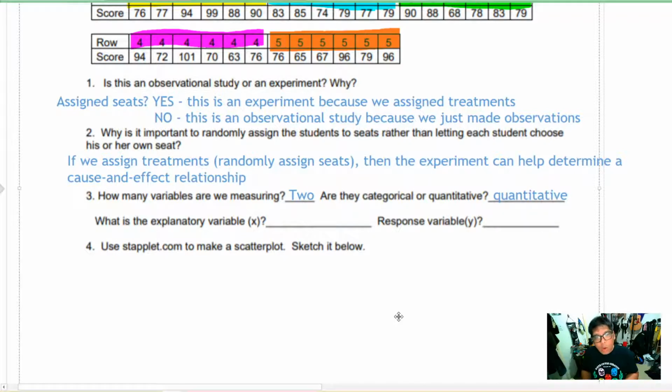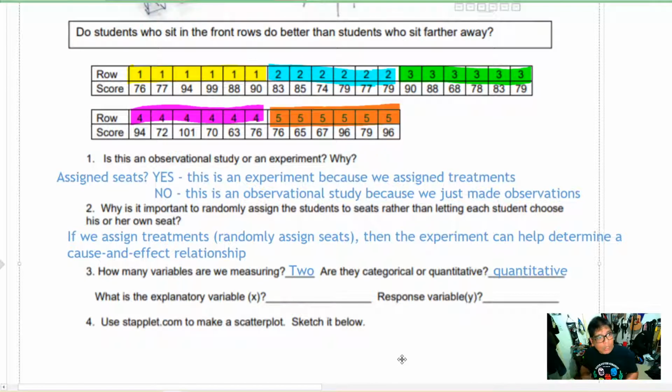They are both quantitative variables because, well, just take a look. The row is a number, and the number has meaning, of course. And the score is a number, and that number has a meaning behind it. So they're both quantitative. Explanatory variable, which one do we think is the cause part of the cause and effect relationship? Hopefully we're saying that the explanatory variable is row, which means that the response variable is test score.